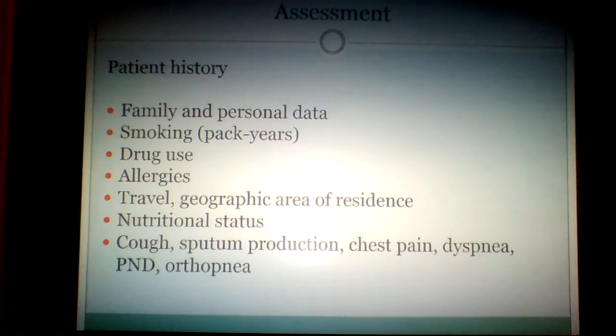Paroxysmal nocturnal dyspnea wakes you up in the middle of the night having difficulty breathing. Okay? So that is some of the assessments that you're going to ask, and that's that conversation that you're going to have with your patient.